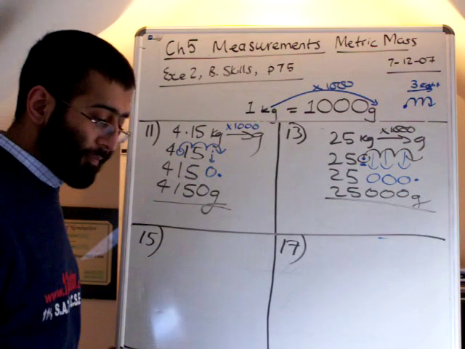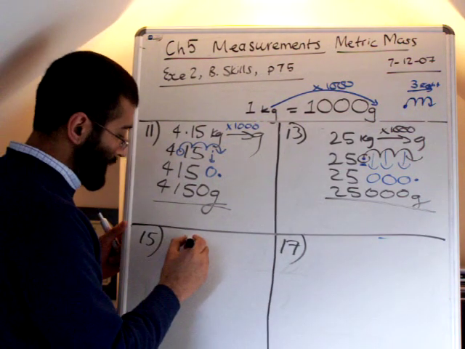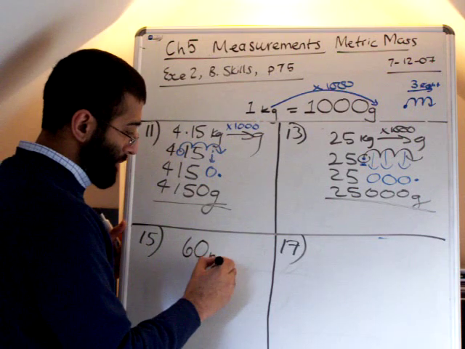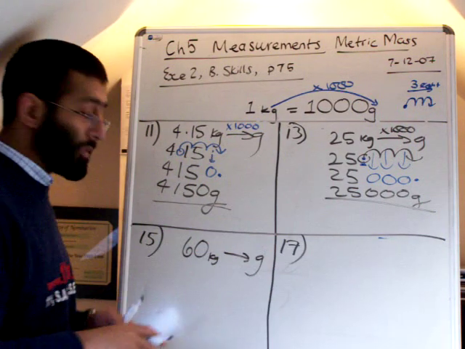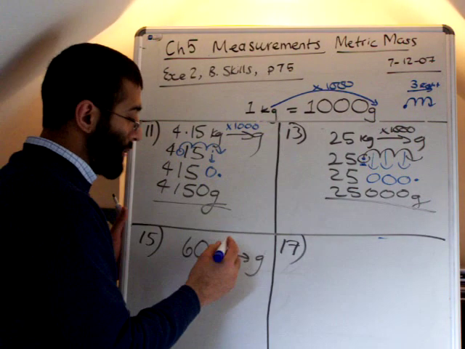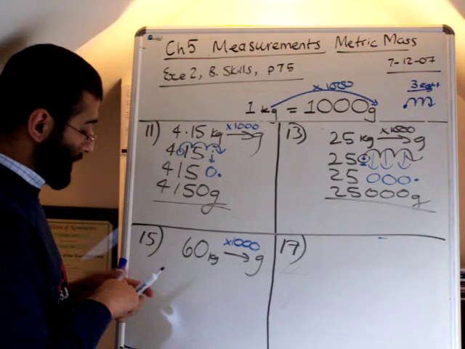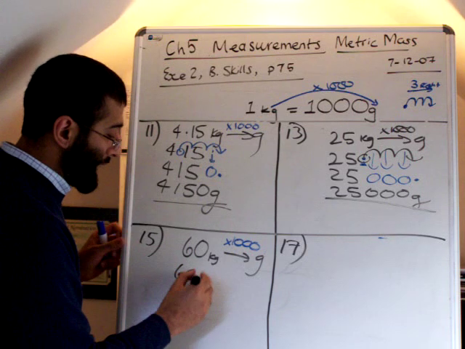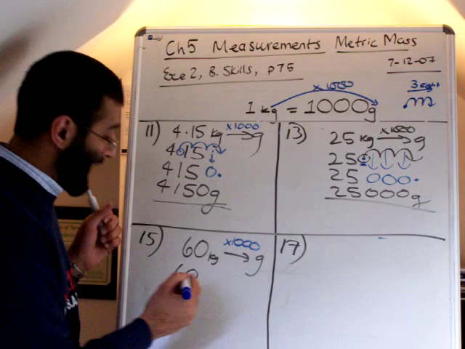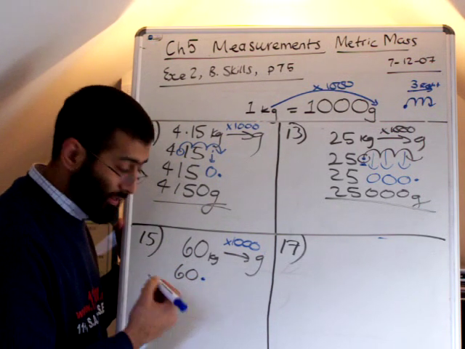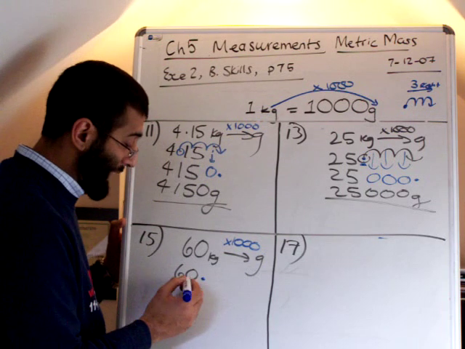Question number 15, we have 60 kilograms. I'm going to change them to grams. Kilograms to grams is times by 1,000. When you times by 1,000, let's copy the number down. We need to get the decimal point, which is at the end of this whole number here. We've got to put it in because they haven't given us it, but we know it's there. It lives at the end.